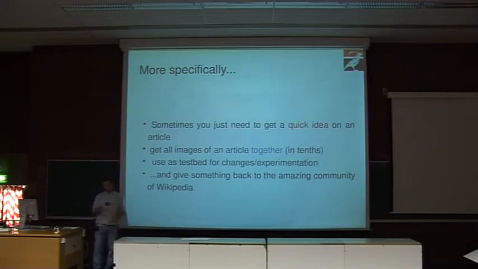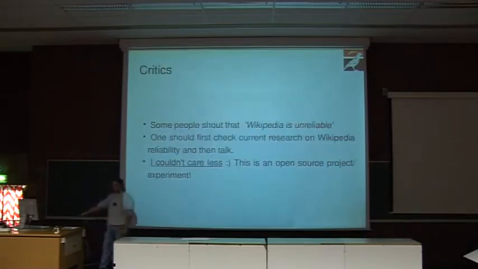This is a page that links to the initial page. And obviously I want to give something back to the amazing community of Wikipedia. I find it a truly amazing community.